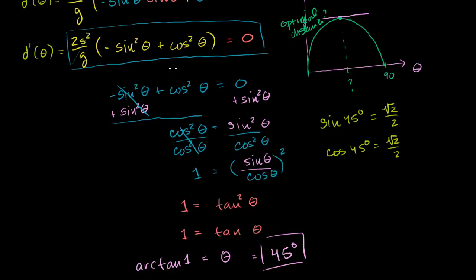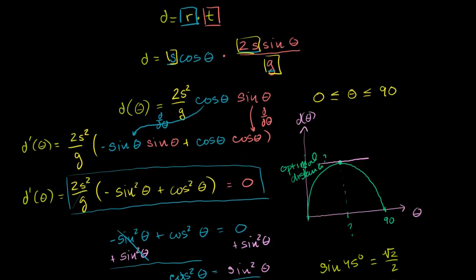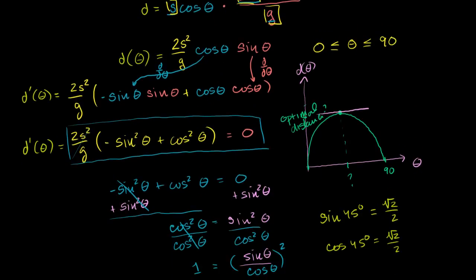But given this, we can put this back into the original expression right up here, our original function. So the optimal distance that we are going to travel, the distance at 45 degrees, is going to be equal to 2s squared over g times cosine of theta, which is square root of 2 over 2, times sine of theta, which is square root of 2 over 2.